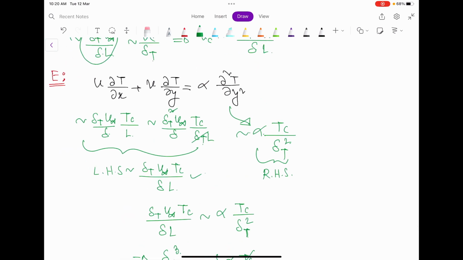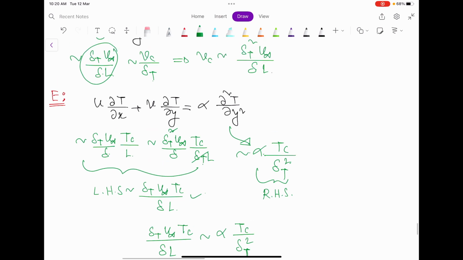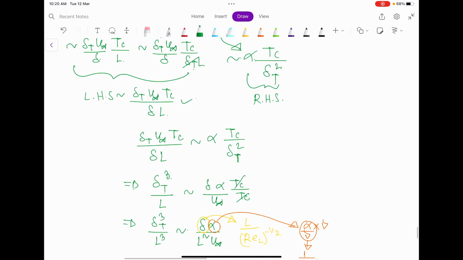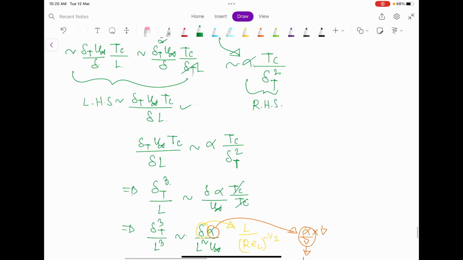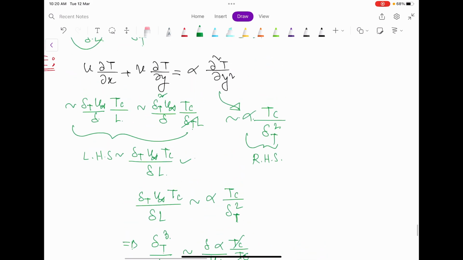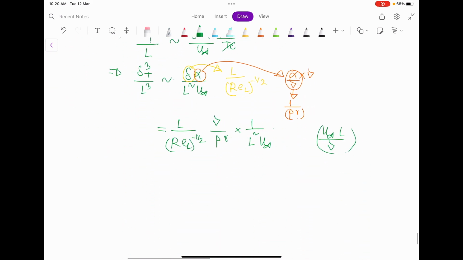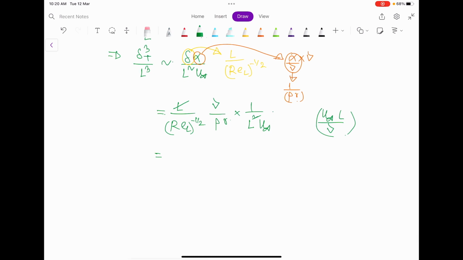Let me see if there is any mistake. Because this term, you see, no extra L is coming, this L and this L are cancelling out, and I apologize for this silly mistake.